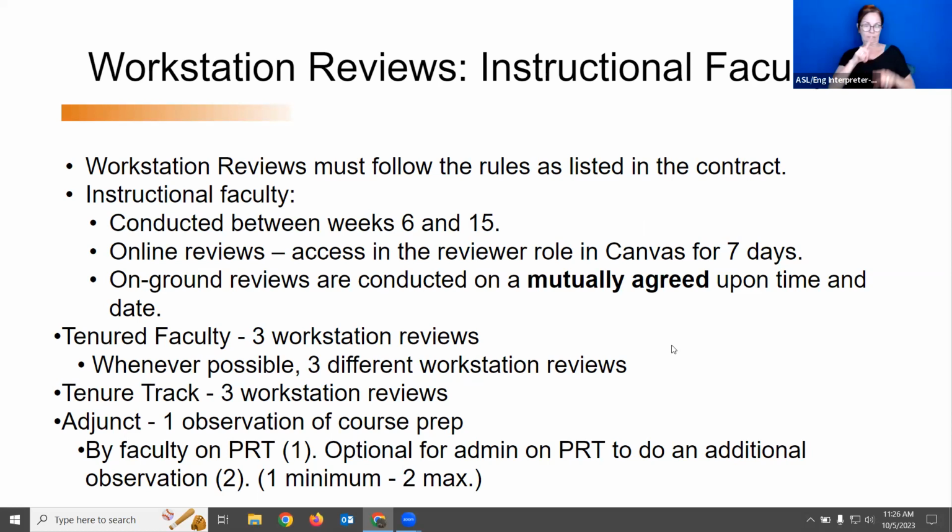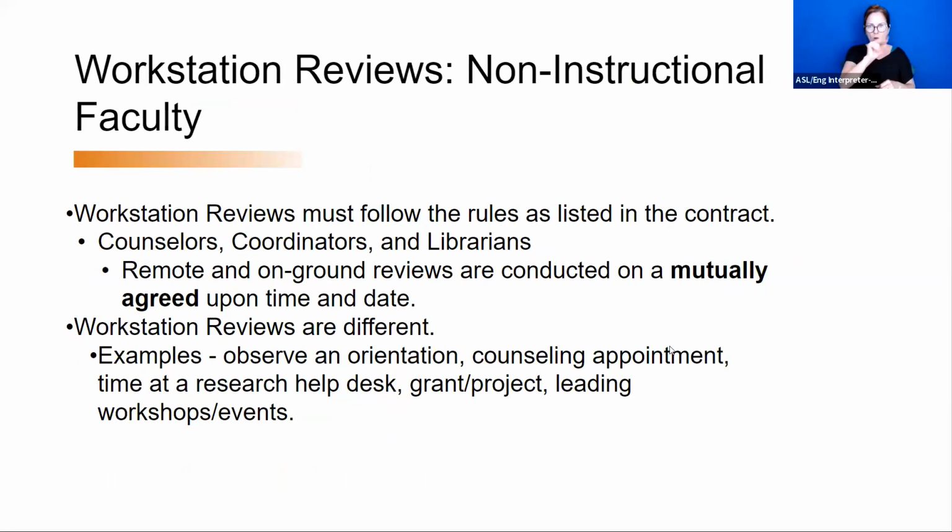So for example, some folks run what we call a completely flipped classroom, so all the content may be in Canvas. It would be advisable, because so much of the review is based off of content and your ability to teach the student learning outcomes, that they would have access to Canvas. But all of that, on a hybrid class, would be pre-negotiated. But for on-ground, no. For online, absolutely.